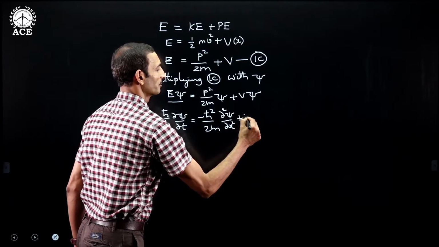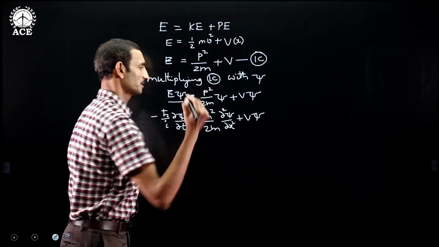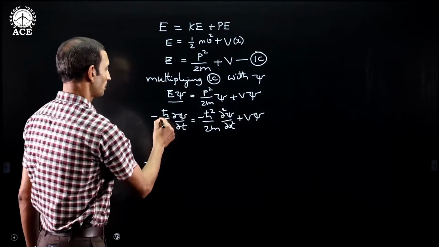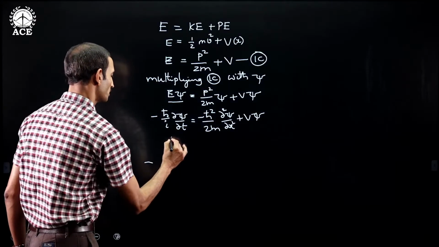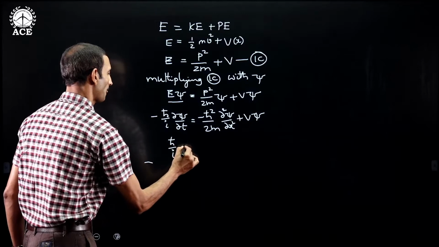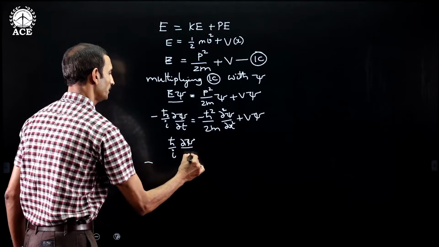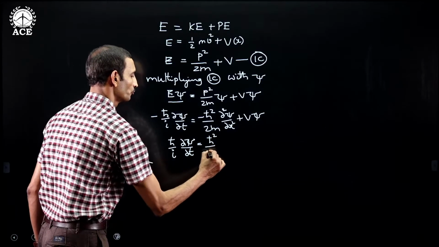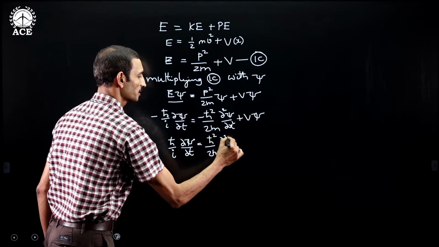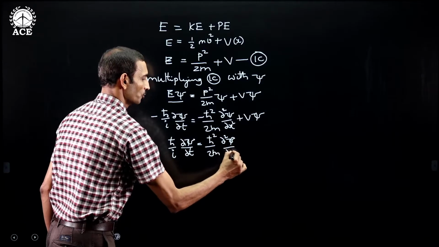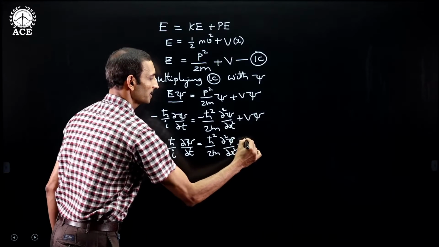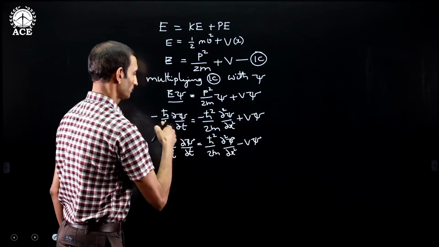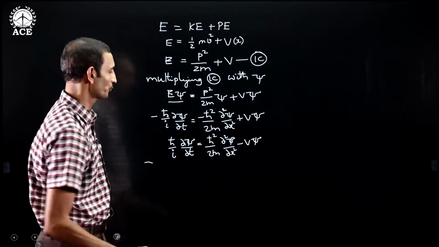Now plus V into psi, that you can keep as it is. Now I would be taking this minus out, so that this is h cross by i into dou psi by dou t is equal to h cross square by 2m into dou square psi by dou x square minus V psi. Why? Because we have multiplied the entire equation with minus.